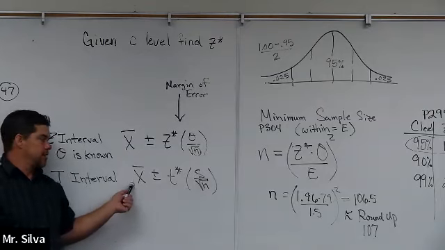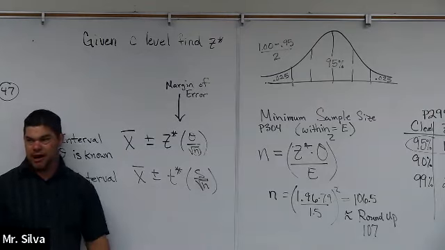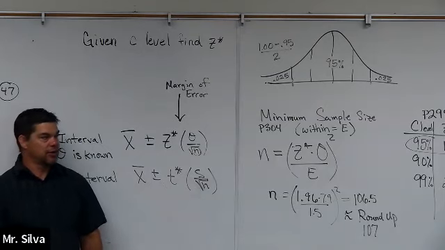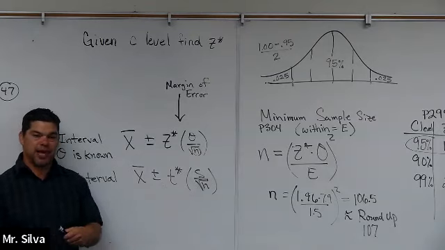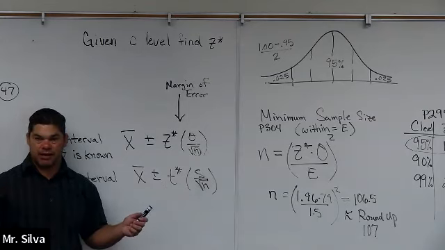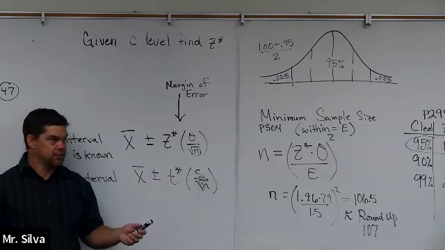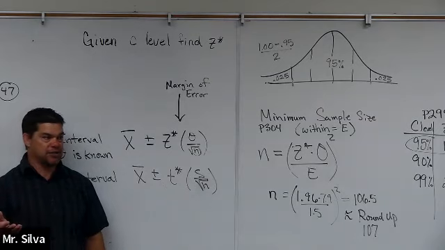This is a more common confidence interval to use because we take a sample, and all the information we have is based on that sample. I could ask everybody in this room their age. I'll know everyone's age and I'll find the mean of everyone's age.